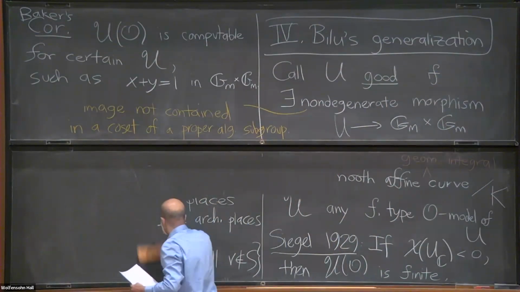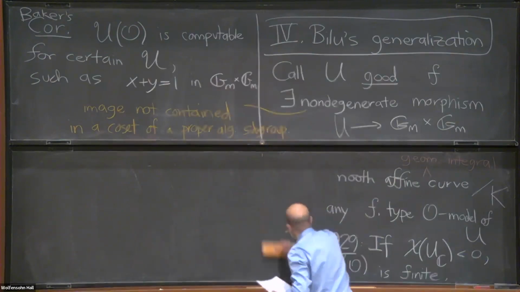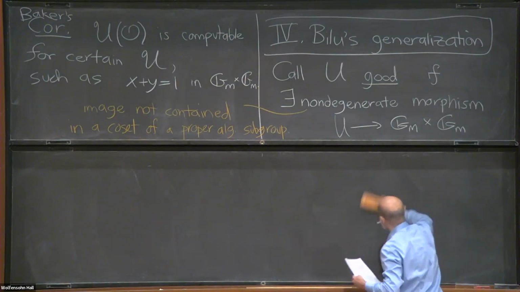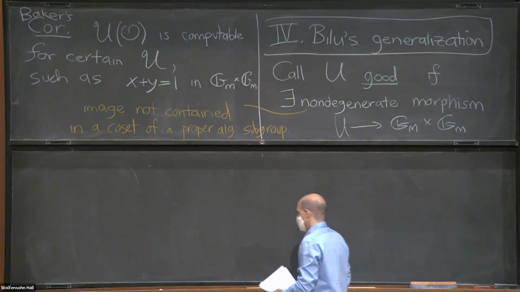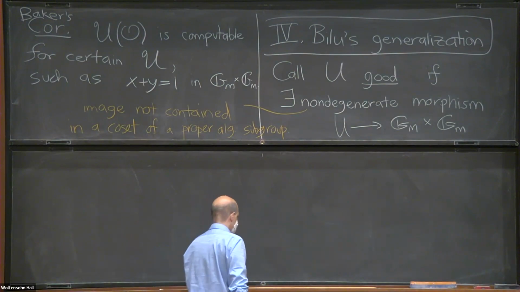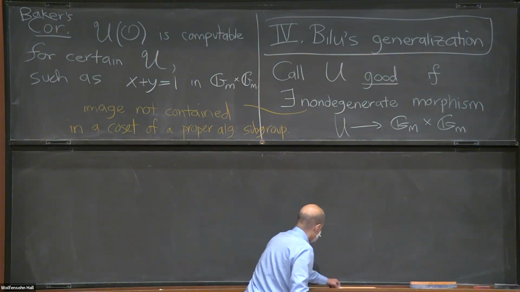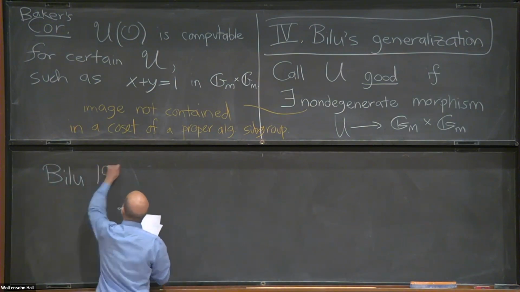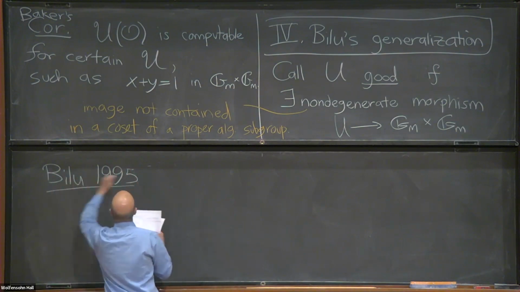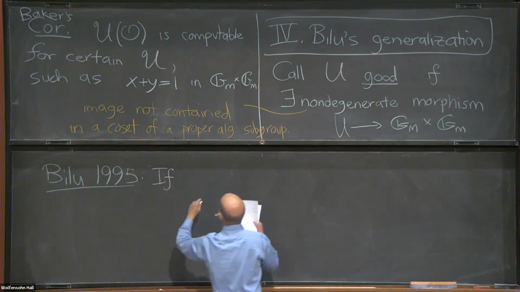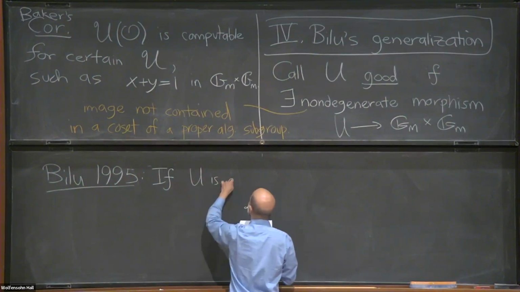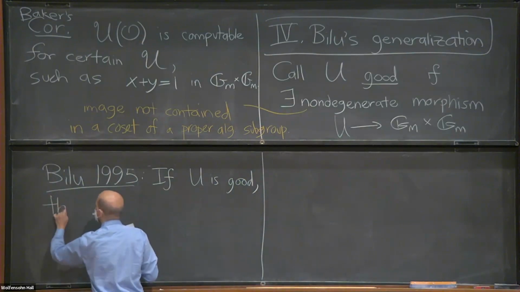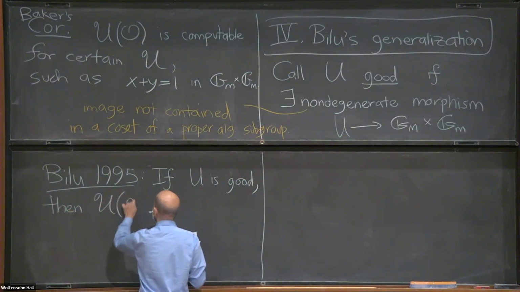So what did Bilu prove about these? Well, you can probably guess what the theorem is. The theorem is simply that if U is good, then the set of integral points on any model is computable.